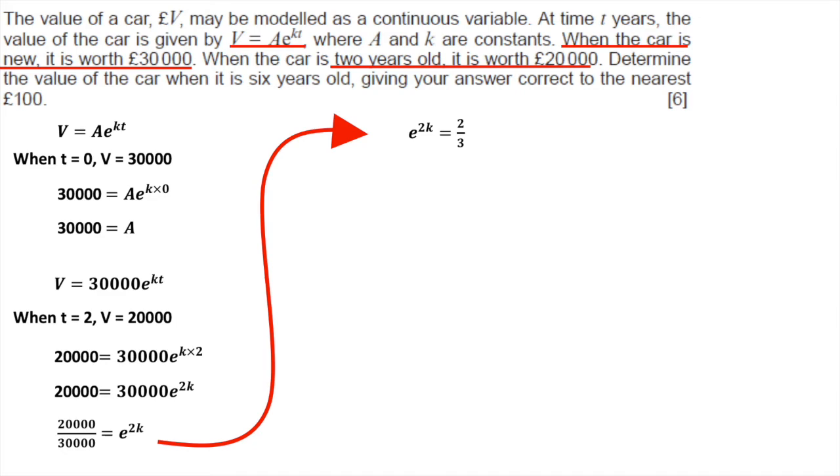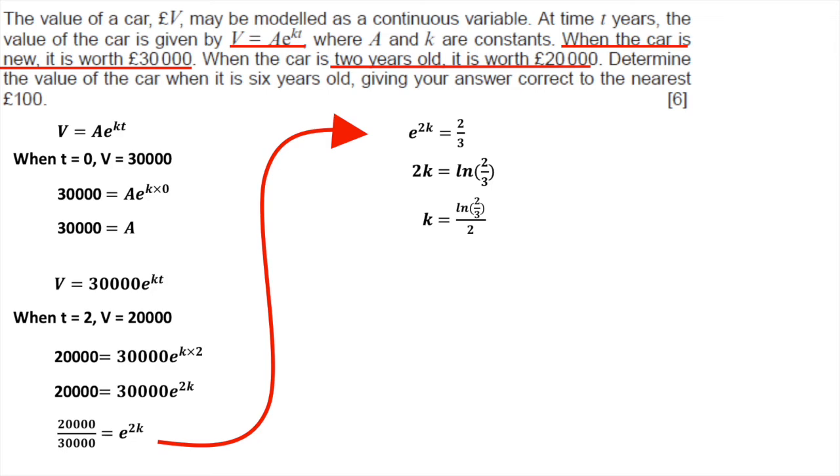So e^(2k) = 2/3, and I need to work out the value of k. Remember, the inverse function of e^x is ln x. Therefore 2k = ln(2/3), so k is ln(2/3) divided by 2.